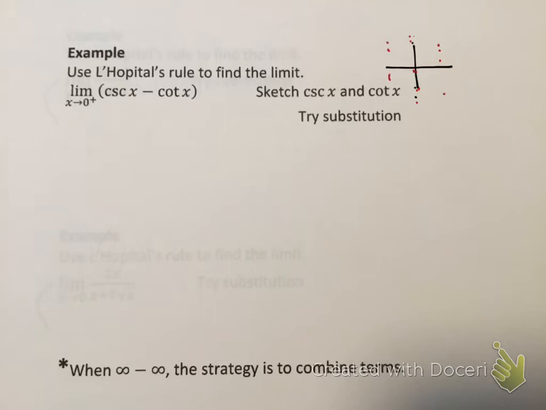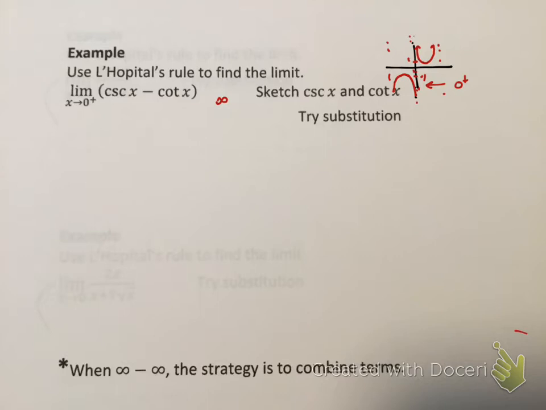You'd have a vertical asymptote here. And so when you graph cosecant, and that's at 1 and that's at -1. I didn't do that very well, but you get the idea that if you head towards 0 from the right, this is headed to infinity.